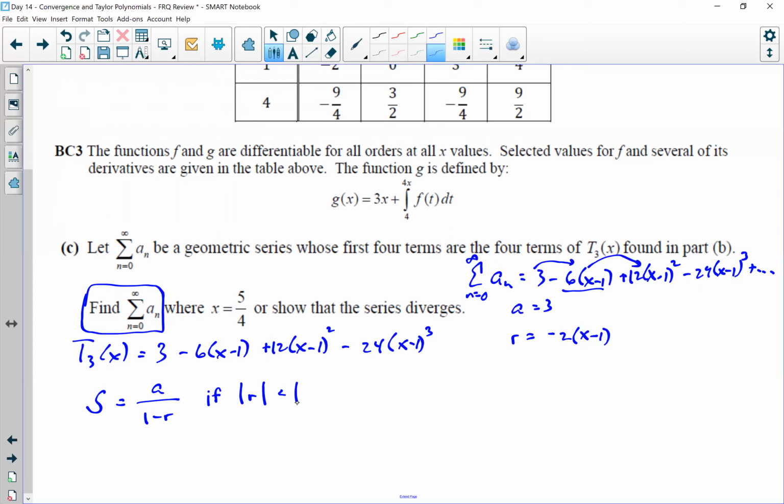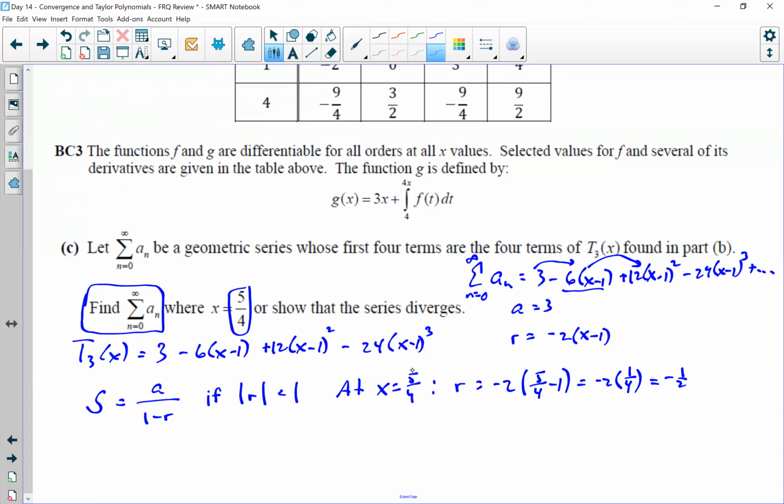Well, we actually know our r value, and they're even telling us an x value. At x equals 5/4, that's our given x value, our r value is going to be -2 times 5/4 minus 1. 5/4 minus 1 is just 1/4, and -2 times 1/4 is just -1/2.